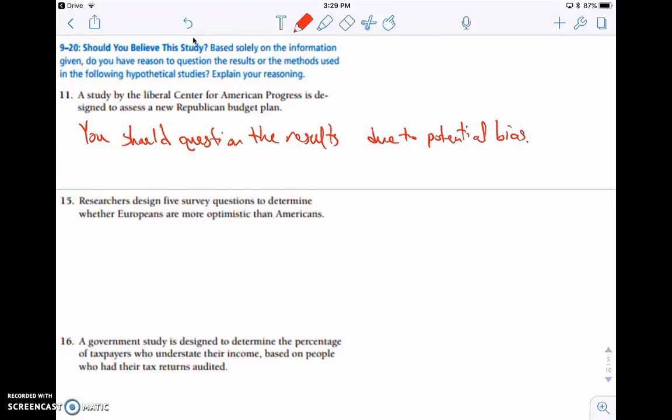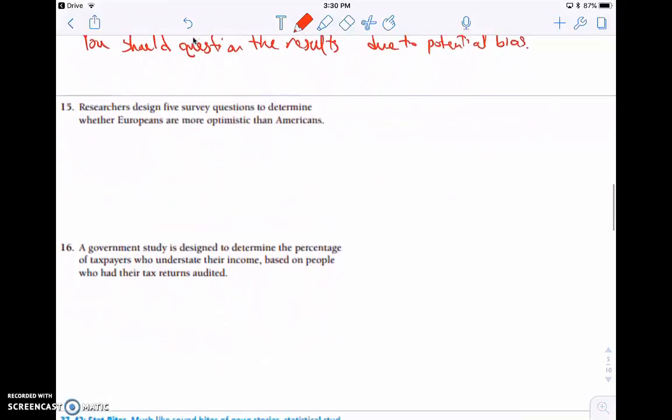Because a liberal center that's evaluating a Republican budget plan, liberals, Republicans tend to have a little bit different views, and they may be a little bit more critical of that budget plan than if you were just to get a random sample of people in America to look at that budget plan. So you should definitely question those results due to some potential bias that could be in there.